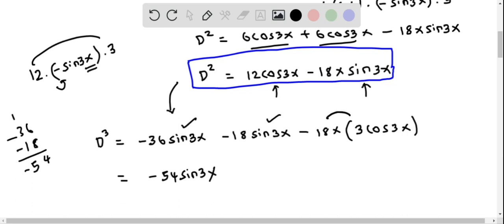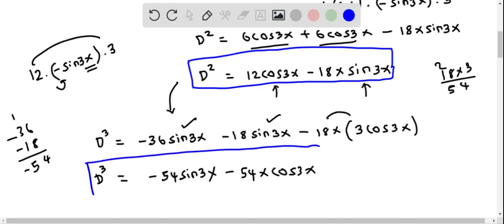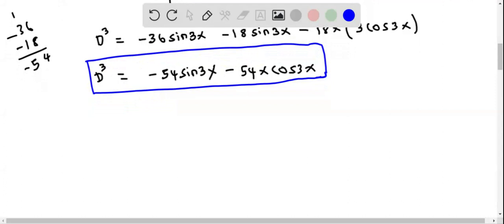And 18 times 3 is 54, so once again this is negative 54x cos 3x. So we have determined D3, which equals negative 54 sine 3x minus 54x cos 3x.